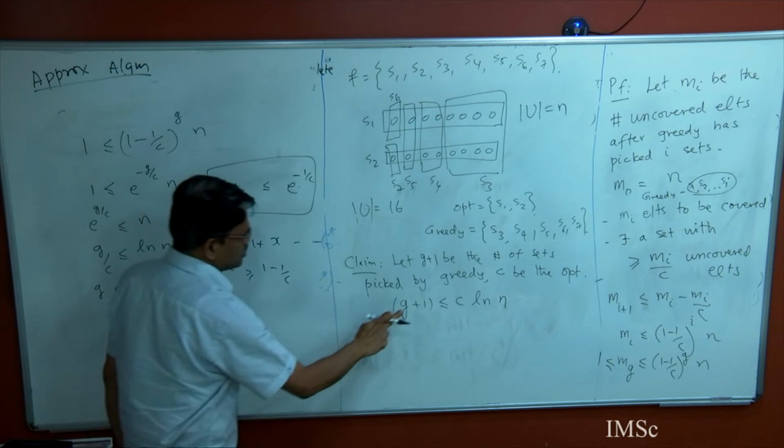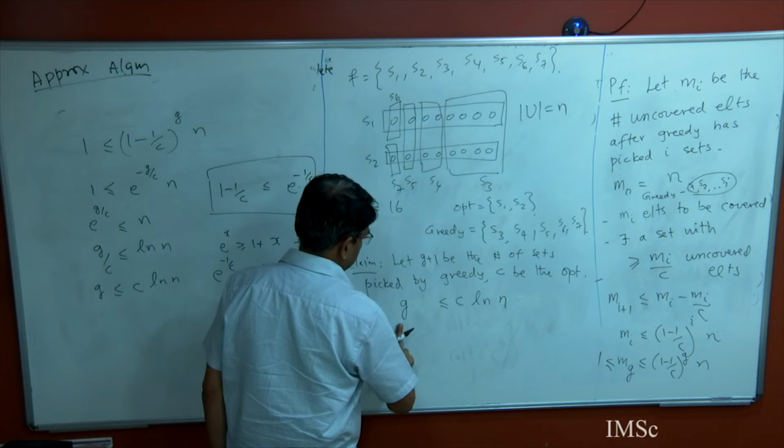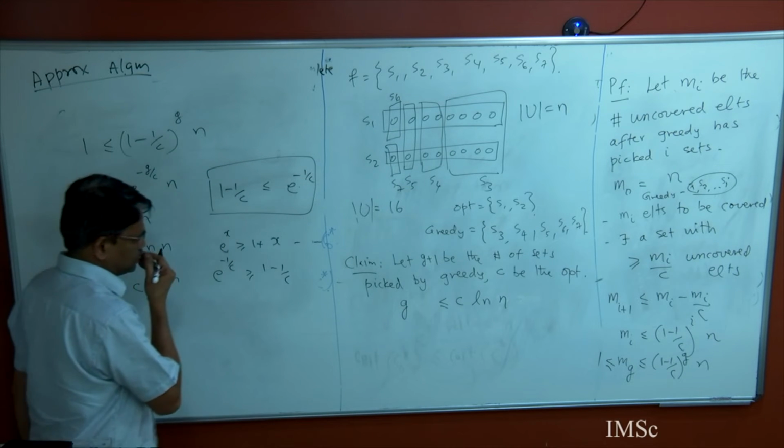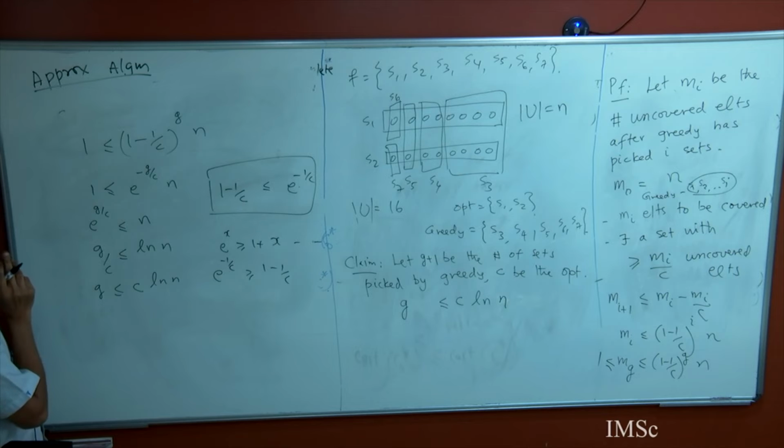Okay, so that is what I wanted to show. I don't know what the intuition is, but there are multiple proofs for this. This is the slick proof I think I found.